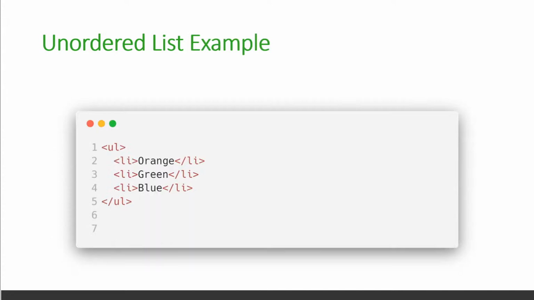And so in our code, right, if we're going to create an unordered list, it's going to look something like this. Right? You can kind of see this structure in place here. We have an unordered list opening tag and an unordered list closing tag. And that becomes a container for an unordered list.